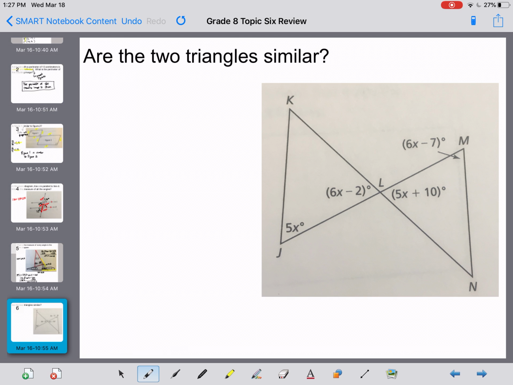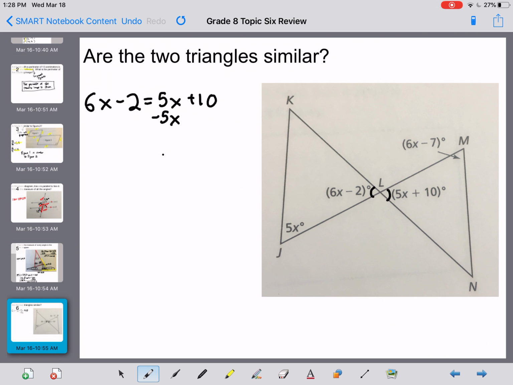In order to determine if these 2 triangles are similar, I have to find the value of x. I see I have 2 vertical angles here. Vertical angles are always equal. So I know that 6x minus 2 is going to have to be equal to 5x plus 10. Now I'm going to solve this for x.